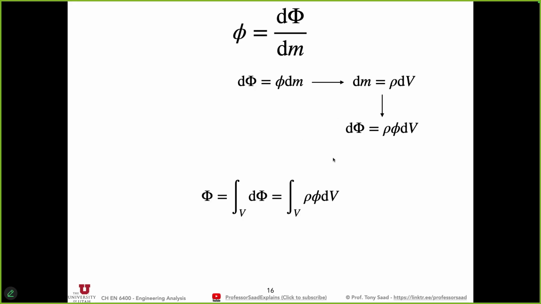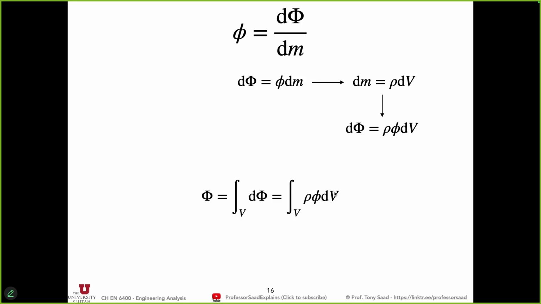And finally, we can now go back to say that the total phi in your volume, whatever volume, could be a system volume or a control volume, a fixed volume, doesn't matter. The total extensive property is the integral of the small change in extensive property, and that's equal, just simply substituting the math, to the integral over the volume of rho phi dv. So density times intensive property, and you're integrating that over the entire volume.